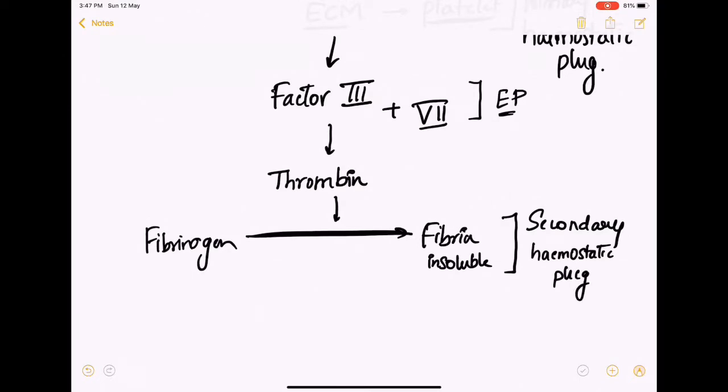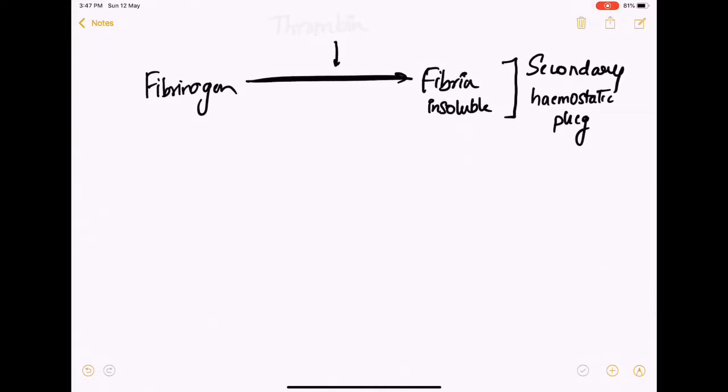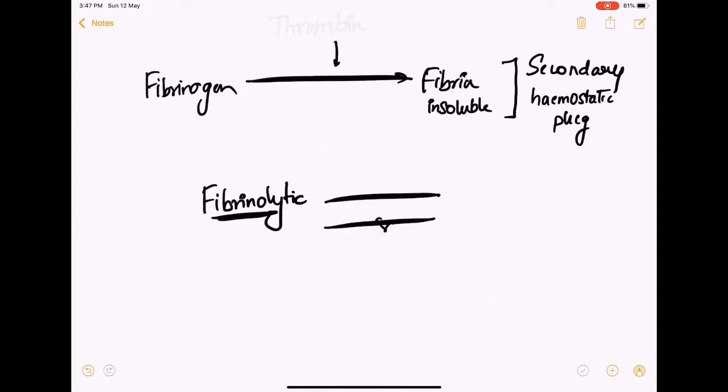And as all of this is happening, alongside this, there is also activation of the fibrinolytic system in such a way that the clot remains localized to the point of endothelial injury and does not extend beyond this.